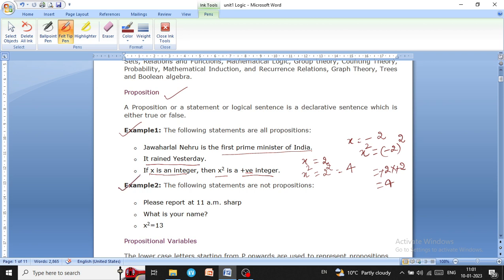In this second example, I will discuss those statements which are not propositions. For example, please report at 11 a.m. sharp.